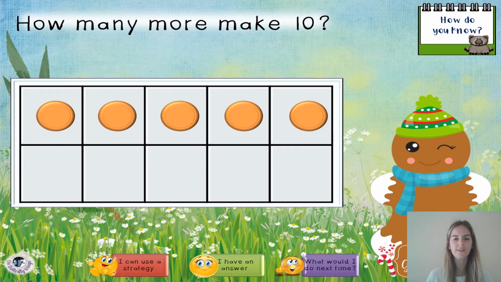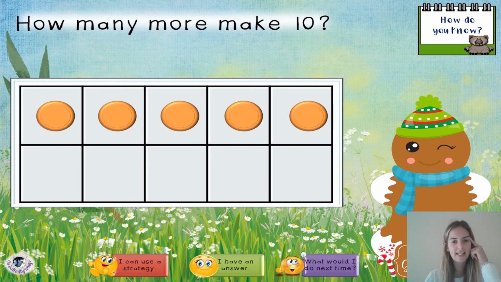Okay, boys and girls, have a go at this one. Pause the video and then come back and we'll solve it together. Okay, let's have a look at this. I've got an idea in my head and you may have used this strategy as well. I'm thinking of my doubles, or my friends of 10.